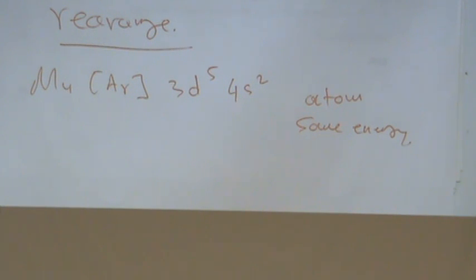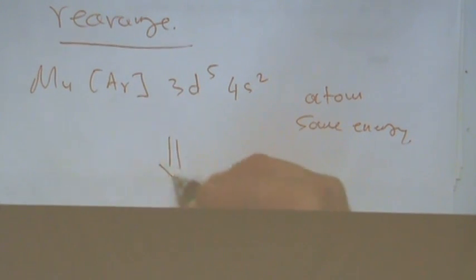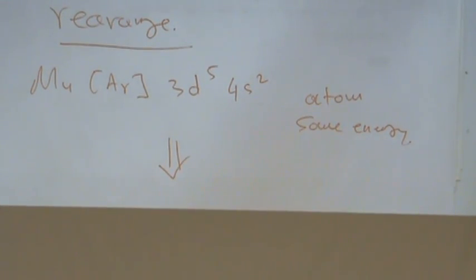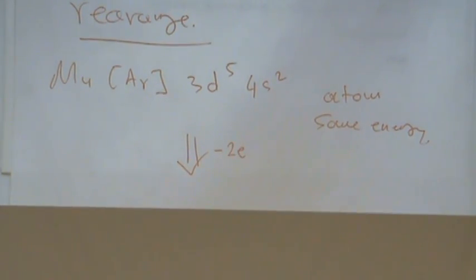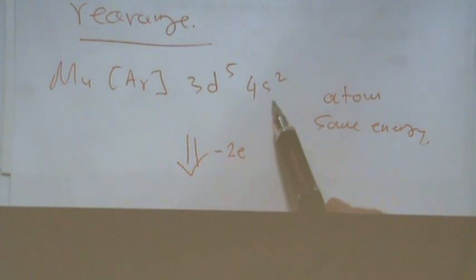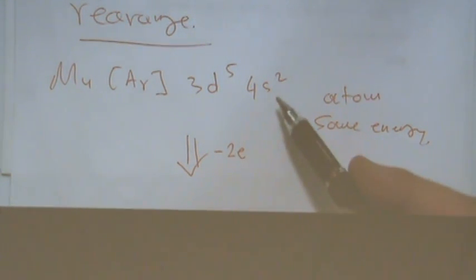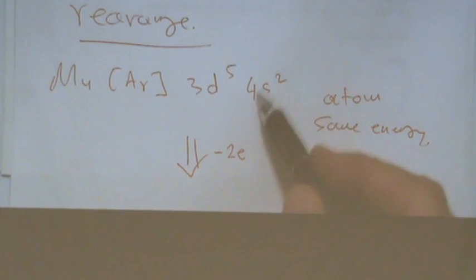Now I want to go to manganese 2 plus for the ion. What I do is, how many electrons? The problem is manganese 2 plus. That means minus 2 electrons, and you remove the 2 electrons that are far to the right. So these 2 electrons are going to be gone.